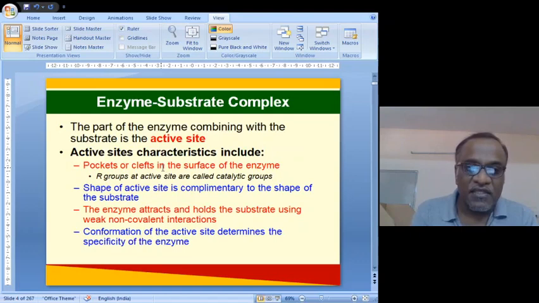That is, they are the pockets in the surface of the enzyme, the shape of the active site is complementary to the shape of the substrate, there is a weak non-covalent interaction between the enzyme and the substrate, and the conformation of the active site determines the specificity of the enzyme.